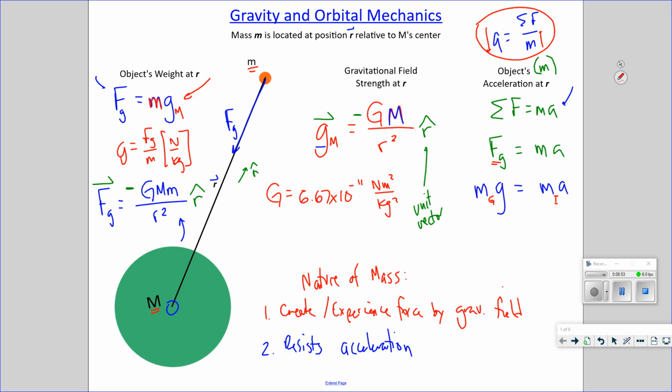So when we say, and it's okay to do, that these are equivalent, saying they're equivalent isn't the same thing as saying m and m are the same thing. I mean, they are the same thing because experimentally people have gone to great lengths to prove that gravitational mass and inertial mass are equivalent, but they're certainly not the same idea.